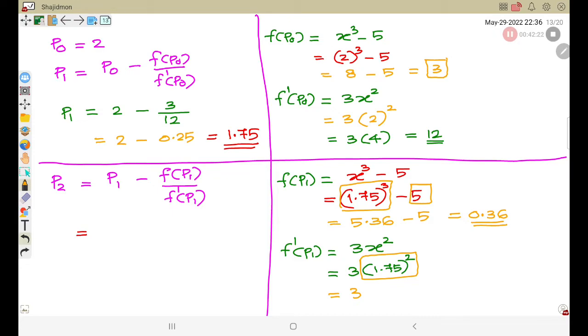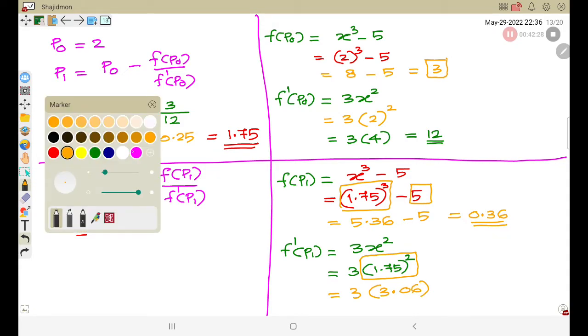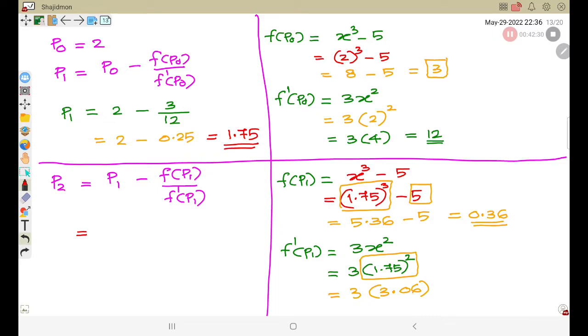You will get 3.06. After that, 3 multiply 3.06 gives 9.18.